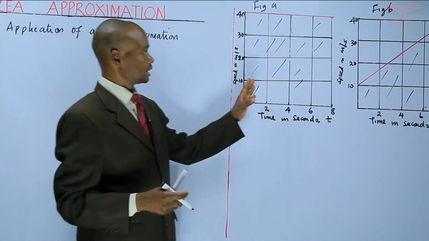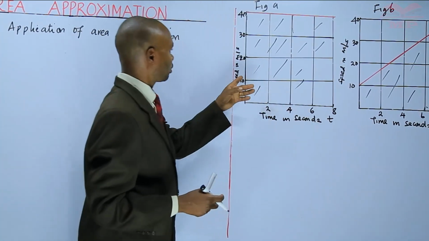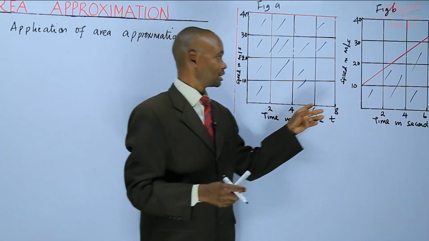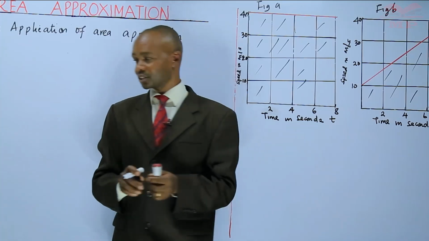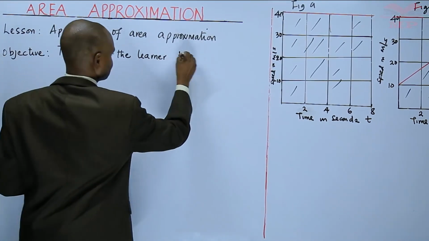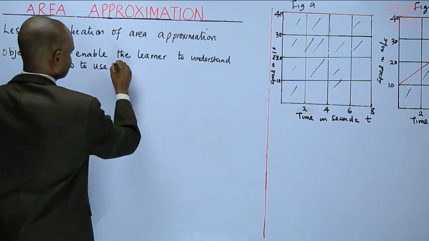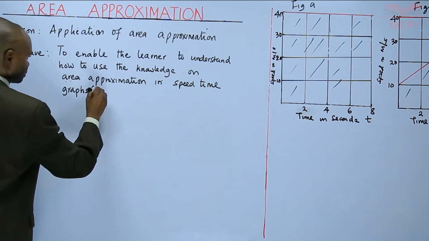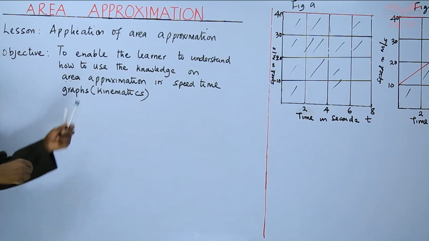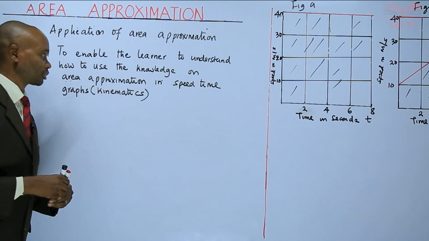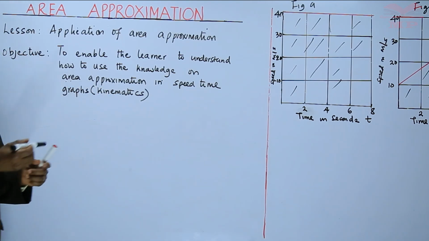And this will be clearly seen when we talk about speed and time, speed time graphs. There is a new word there, kinematics. So to enable the learner to understand how to use the knowledge on area approximation in speed time graphs.